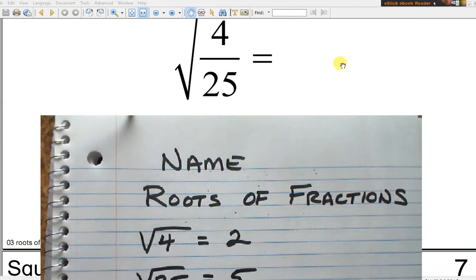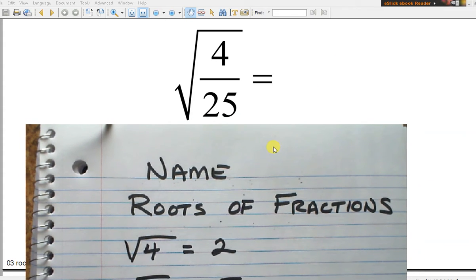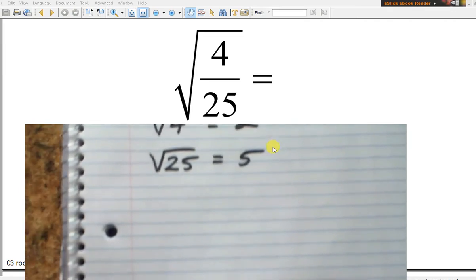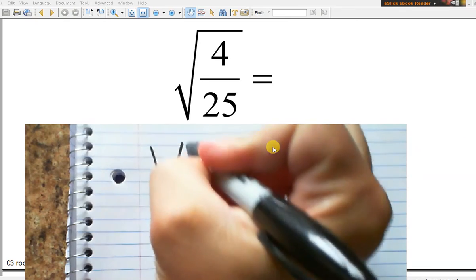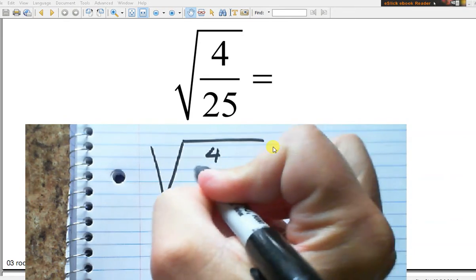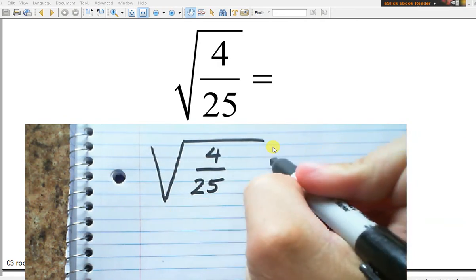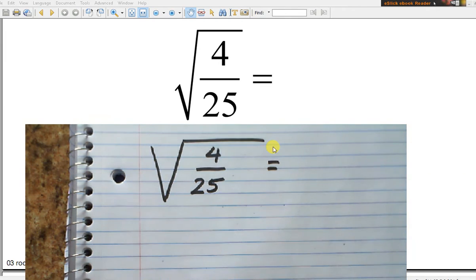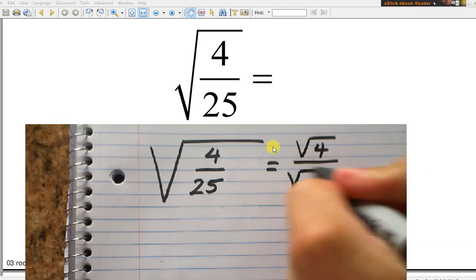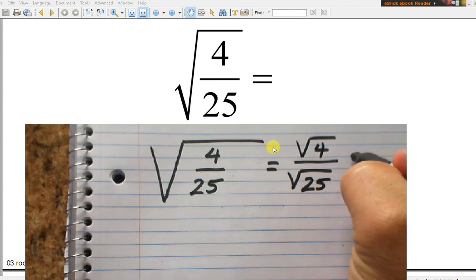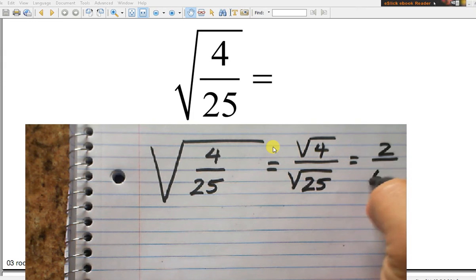But now, what's the square root of 4 over 25? Well, the square root of 4 over 25 is the square root of 4 over the square root of 25, which is 2/5.